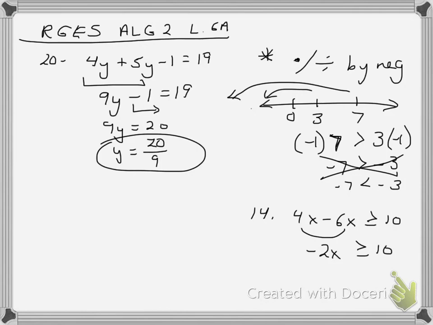But then we're multiplying by a negative 1/2 to get rid of this on this side, and that would be x is less than or equal to negative, and 1/2 of 10 is 5. So that's the kind of thinking we're looking at here. I don't think you'll have too much problem with that.